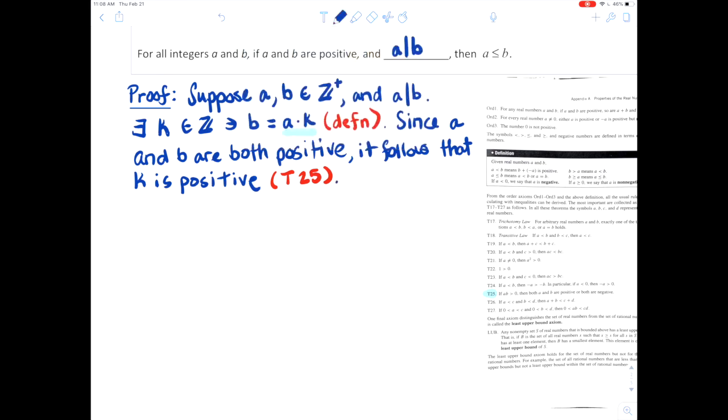Alrighty, so thus we have one is less than or equal to K. Why is it I can say that?